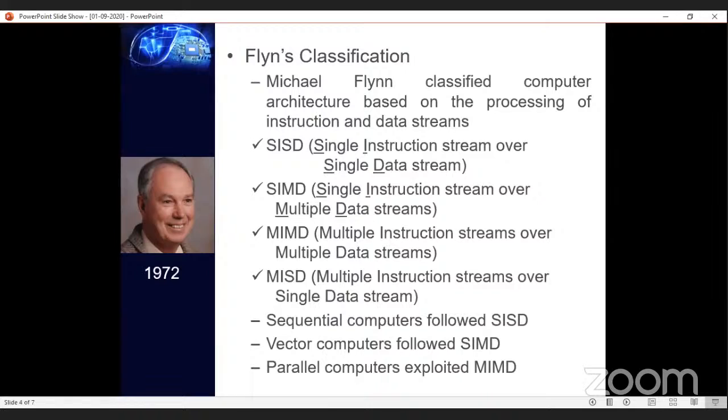In this architecture, parallelism is attained at data level, because here multiple data are processed, but a single instruction is executed. So under SIMD, parallel processing is carried out at data level. You will expect a question on this concept in your examination.